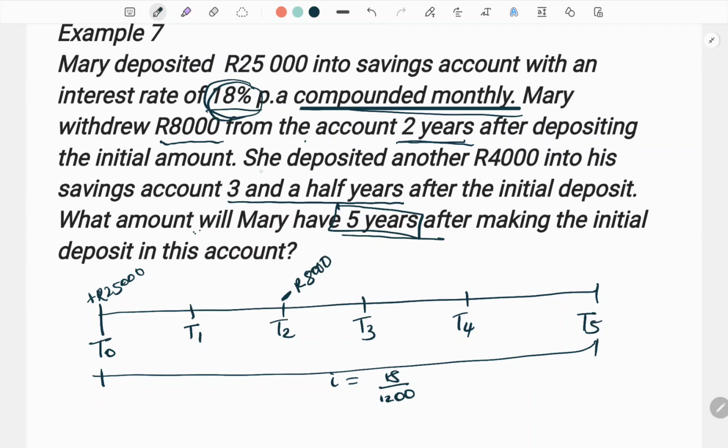She deposited another 4,000 into, hey, Mary is not a male, into her savings account 3.5 years after the initial. So you move, this is term 3, T3, 3 years, so 3.5 will come here, which means she deposited what? 4,000.